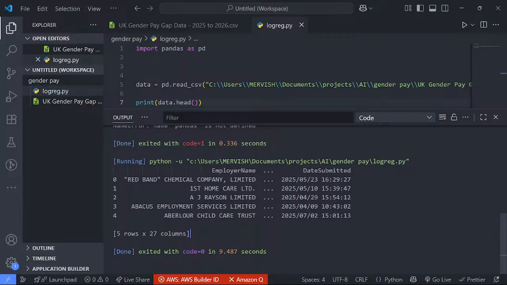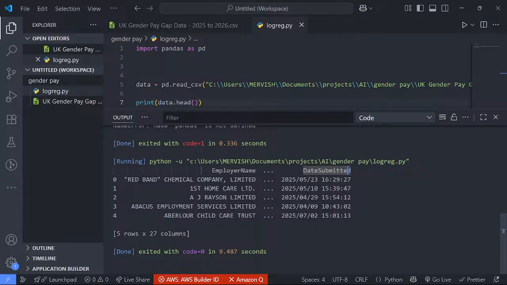Oh, it's like the first 5. 1, 2, 3, 4, 5. Okay. Dates submitted. Interesting. Interesting. So what are we going to do with this?